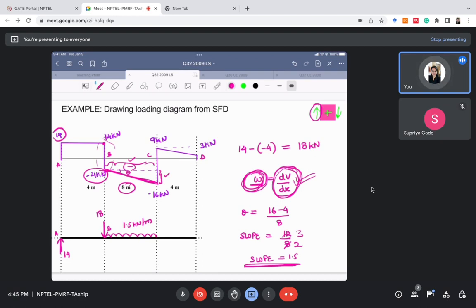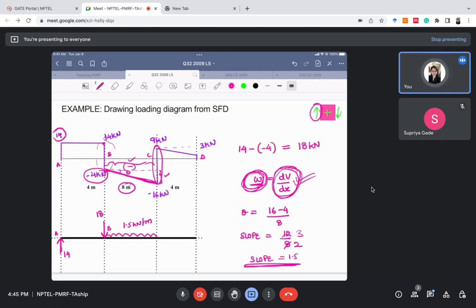So now we have calculated the loading diagram till point C. At point C we can see that there's a sudden jump in the shear force diagram. Can you tell me by how much there's a jump here?